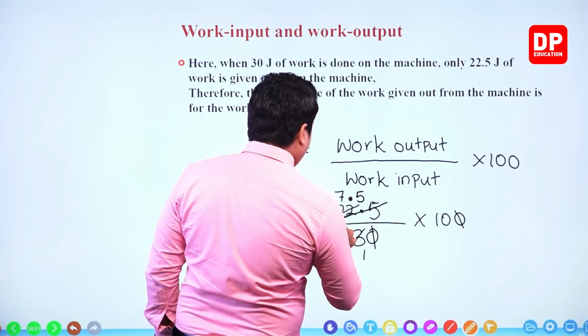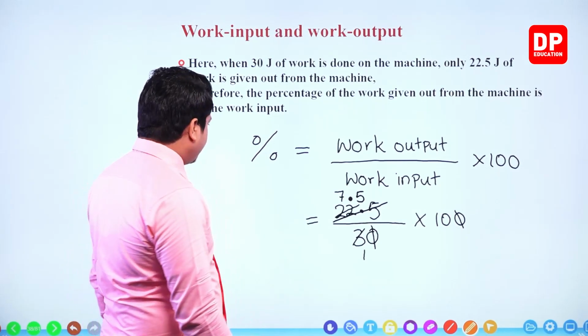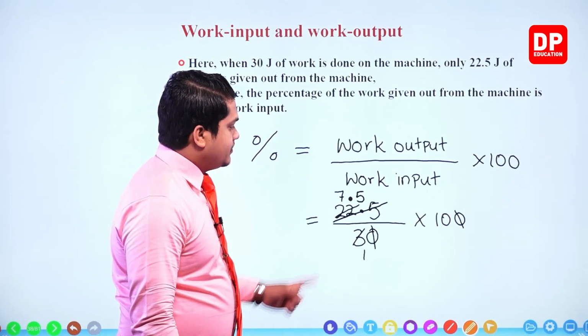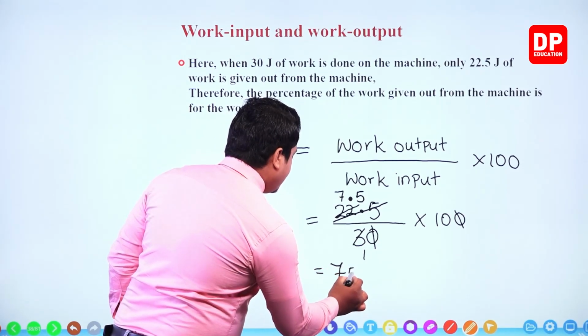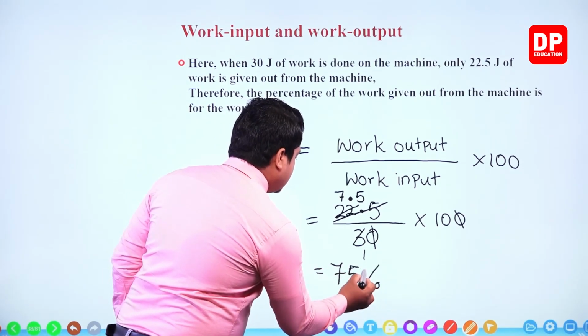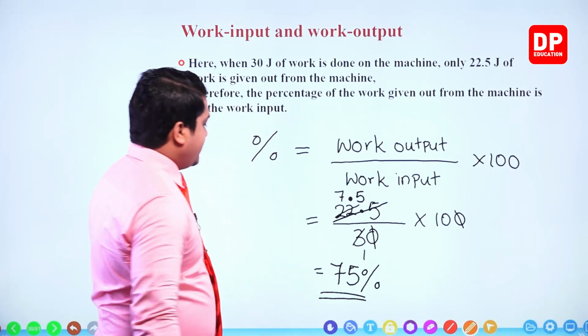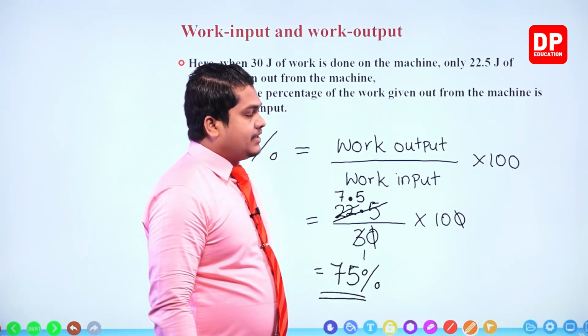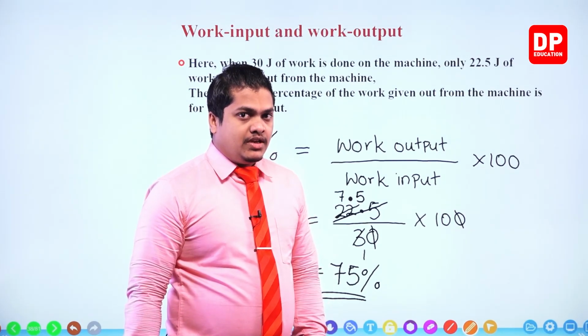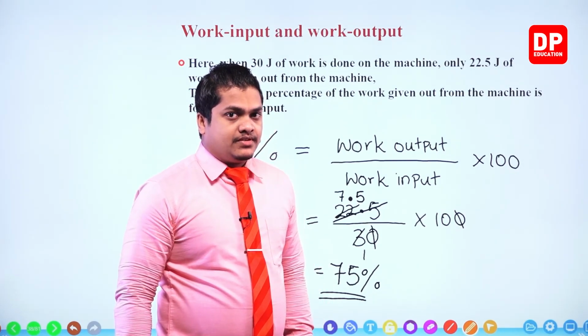So 7.5 is the answer, right? 7.5 into 10, we get the answer as 75%. 75%. So we get the percentage between input and output as 75%.